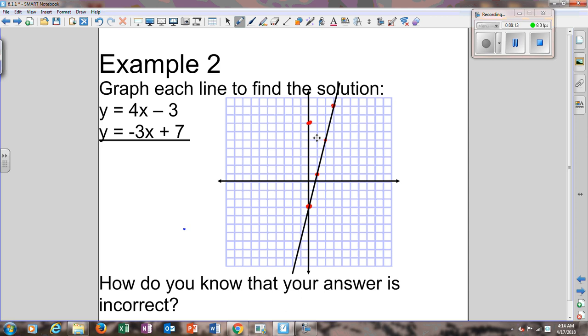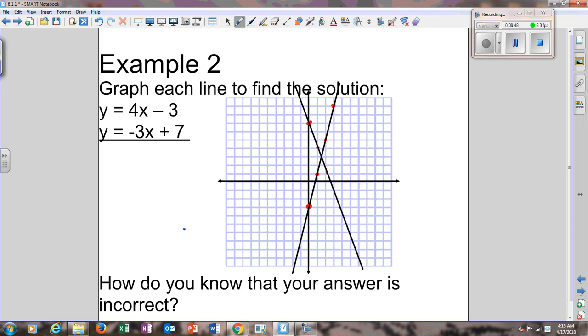Make your dot. And you go down 3 and over 1, down 3 and over 1. Draw your line.